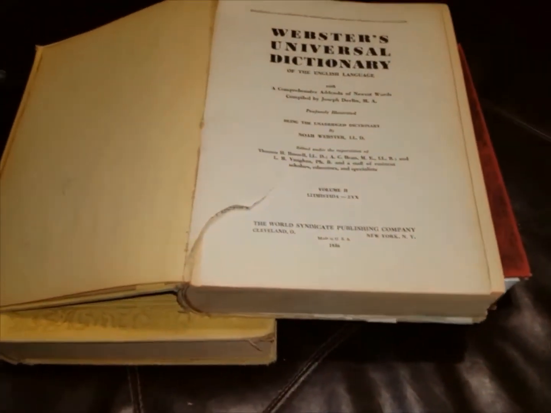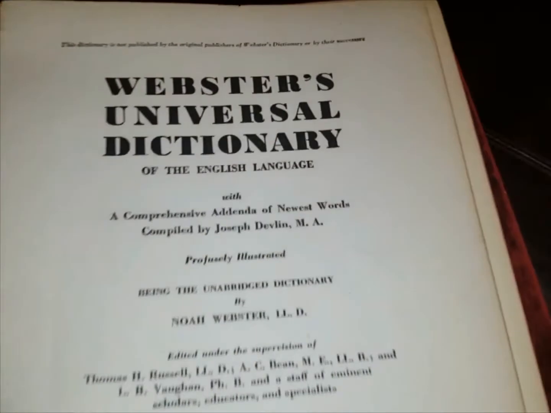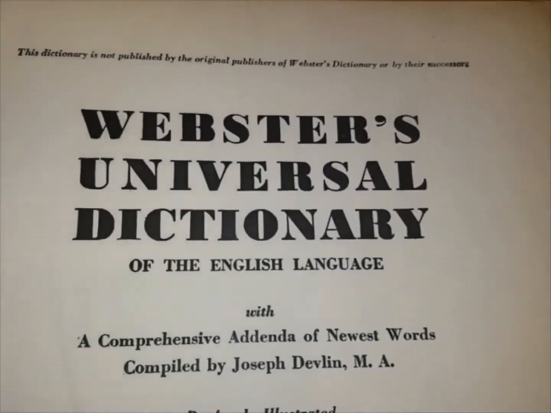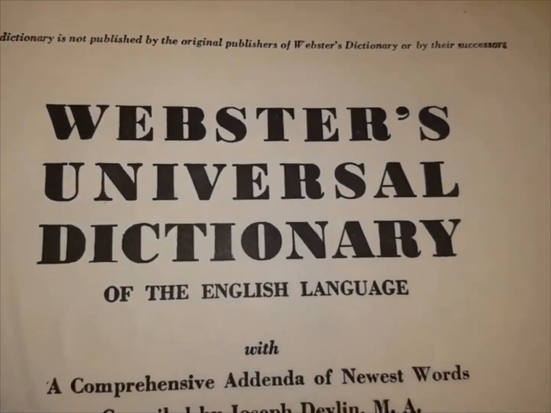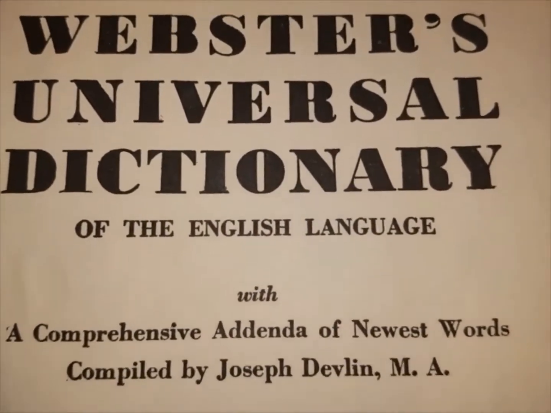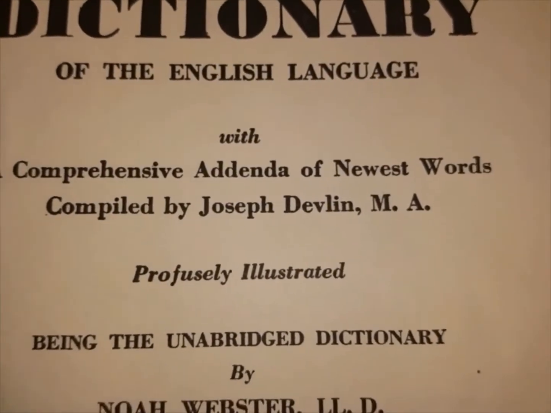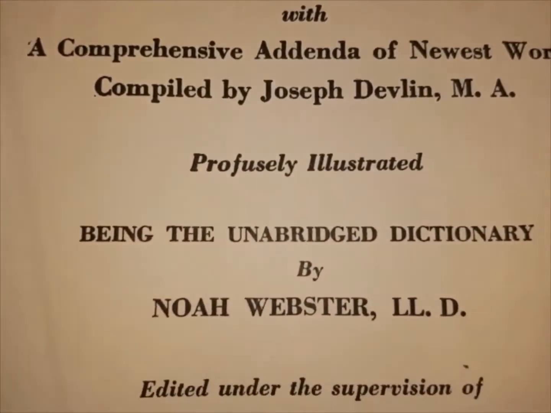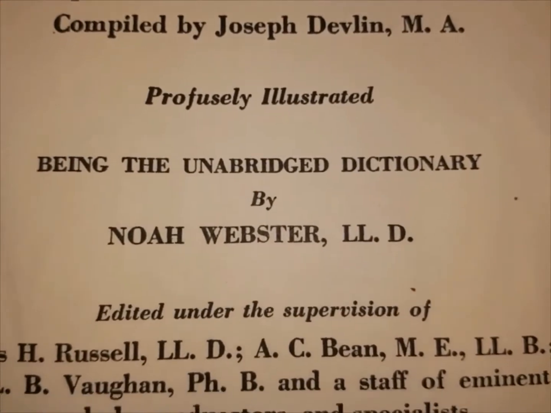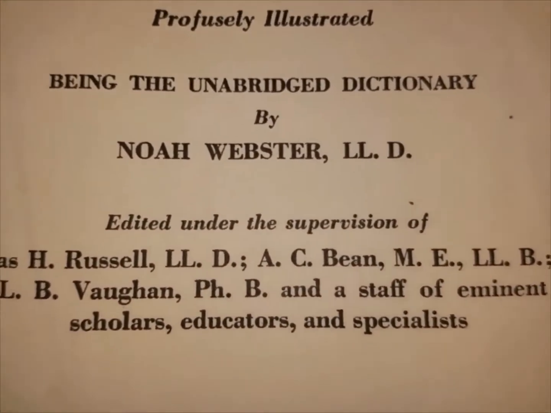Because see, I'm tired of people talking about a conspiracy theory and what's fake and what's not real. I didn't make these books. They're older than I am. But they're not older than my people. Webster's Universal Dictionary of the English Language, with the comprehensive addenda of newest words compiled by Joseph Devlin, M.A., profusely illustrated, being the unabridged dictionary by Noah Webster, LLD.